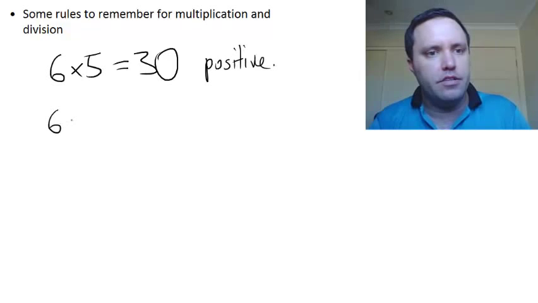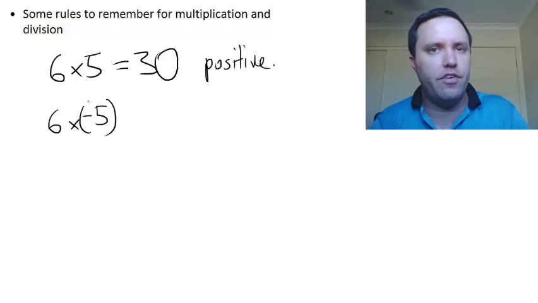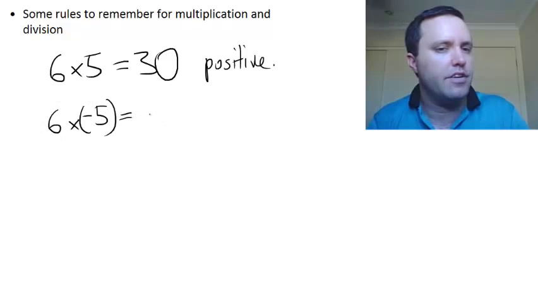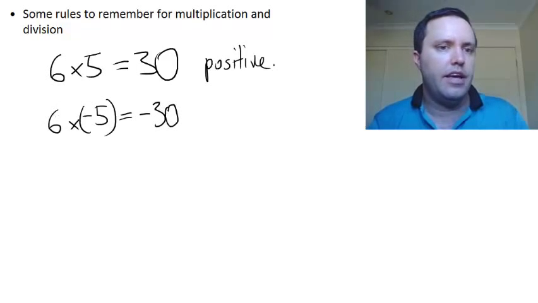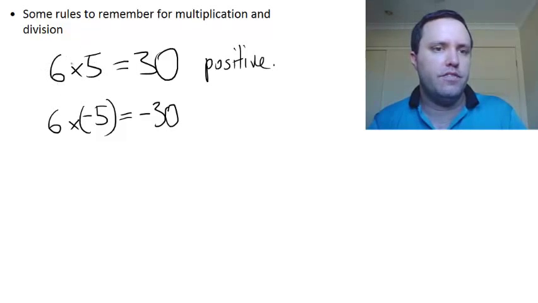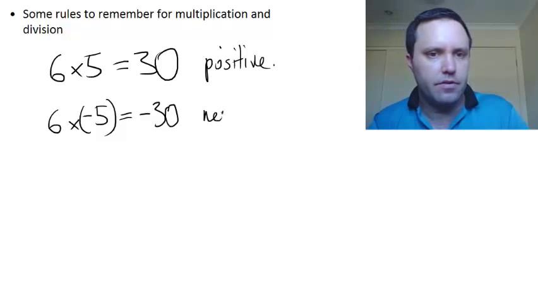Now if I have 6 times -5, so a positive amount of 6 times a negative amount of 5, it's like the positive is made negative, kind of, and we get -30. So if there's two positives, we've got positive. If there's a positive and negative, we've got a negative.